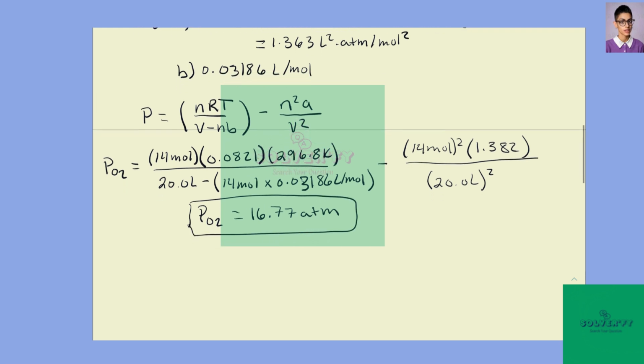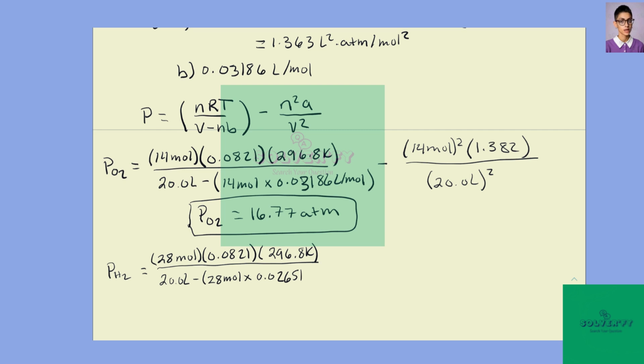All right, and we're just going to do the exact same process for hydrogen. So we're going to have 28 moles times that by our R value. Again, just going to leave the units off just so that way I have enough room to write. And then we're going to times that by our temperature. And we're going to divide that by our volume minus our moles times the B value, which is 0.02651 liters per mole.